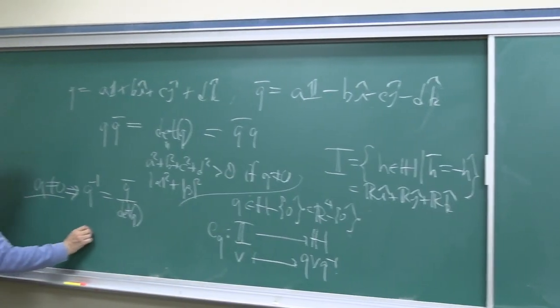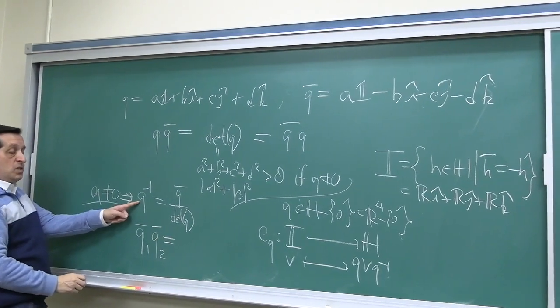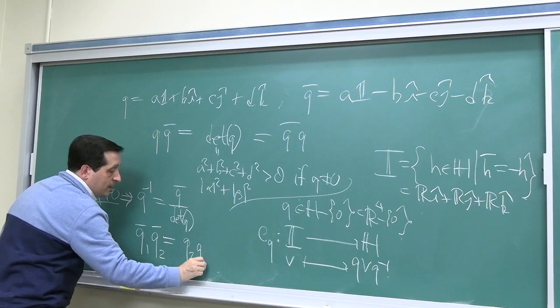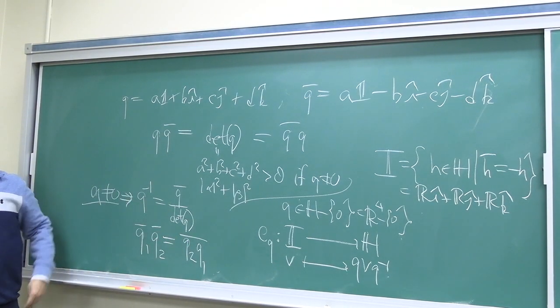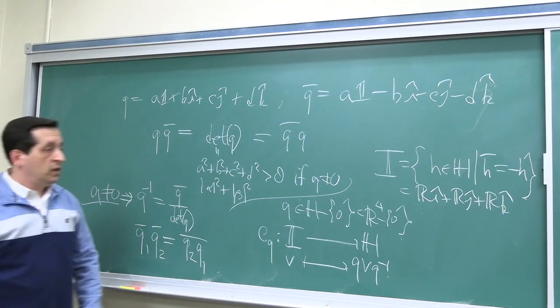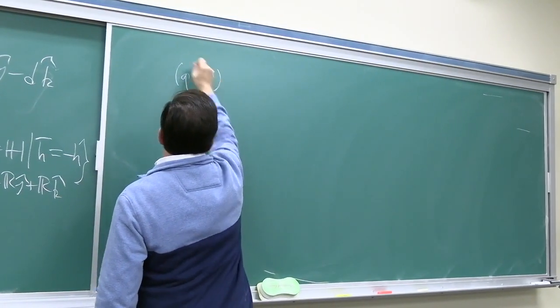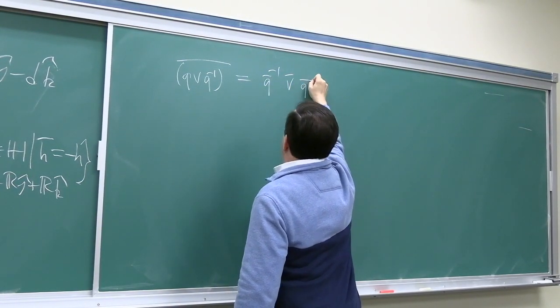They're the things whose conjugate are equal to their negatives. And another property of conjugation I should have mentioned, which is not so hard to check from this recipe, is that if you conjugate two numbers, it's the product of the conjugates in the other order. Basically because inversion of a product is the product of the inverses in the other order. So, if we conjugate Q V Q inverse, we get Q bar inverse V bar Q bar.